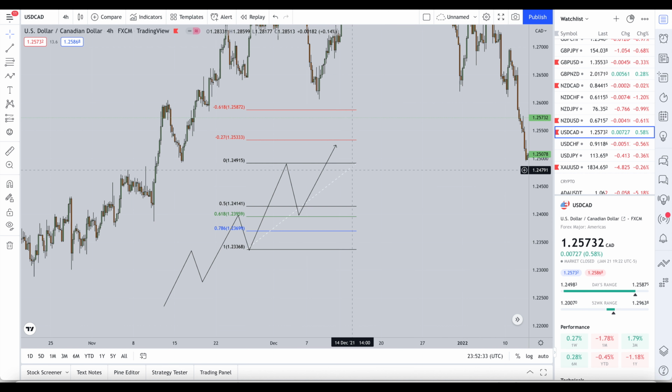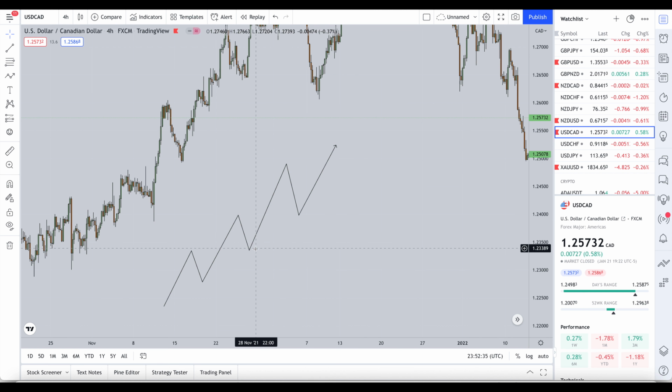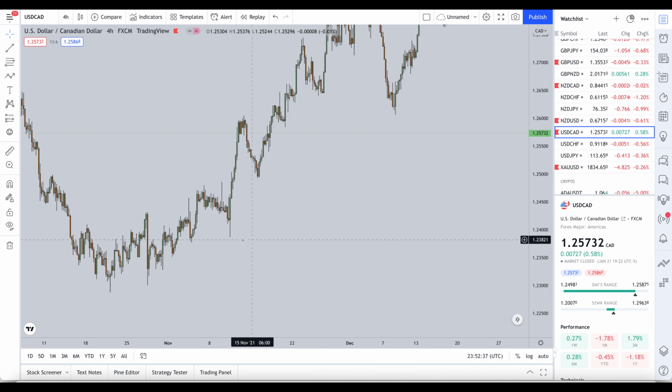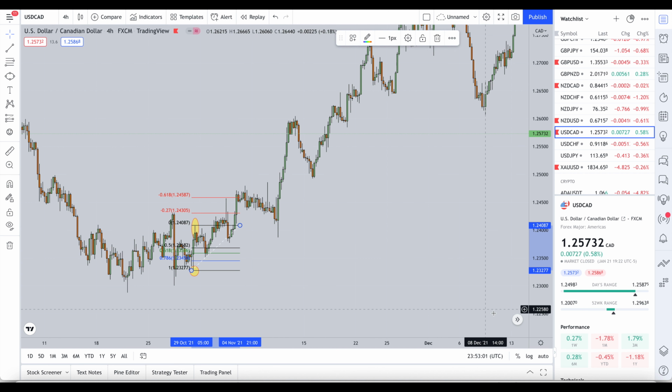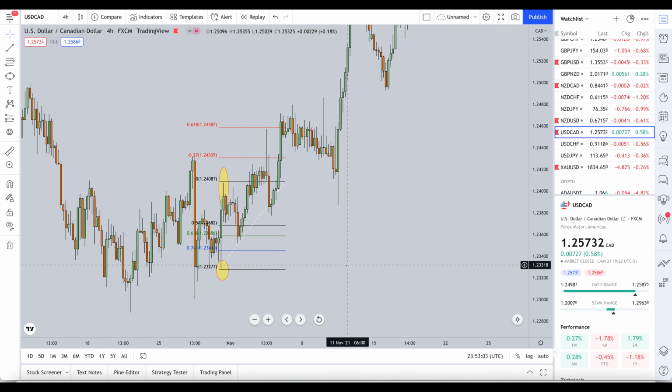Now I'm going to show you how to trade Fibonacci in a real market situation. For example, here we have a higher low, a higher high. If I go there, Fibonacci, higher low, higher high, I can see that price here is respecting the 0.618 level.